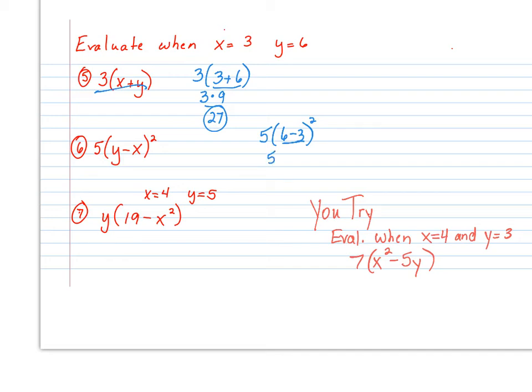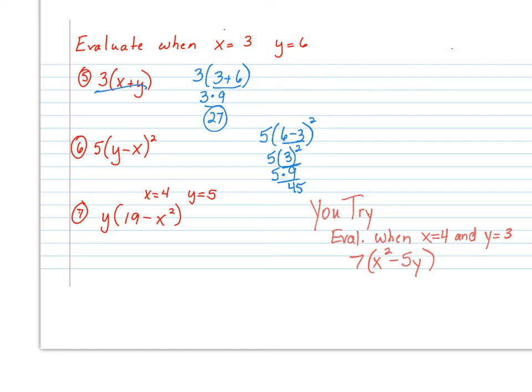So I'm going to write 5, I can even keep the parentheses, and that's 3 squared. So we've done the parentheses. Are there any exponents? Do not take 5 times 3 first because there is an exponent. So I write down 5 times 3 squared is 9, and I get 45. Okay? Next one.